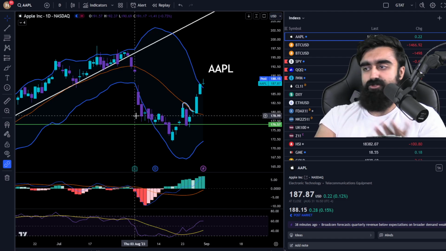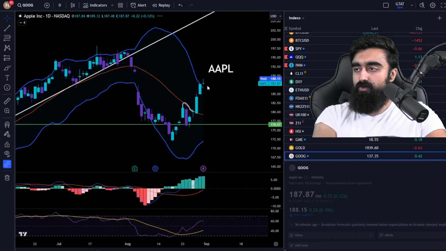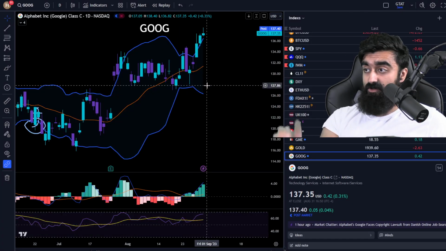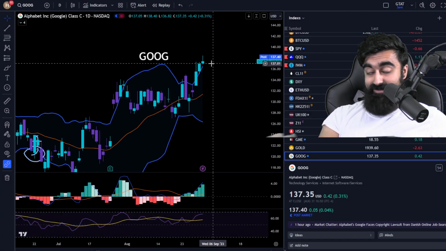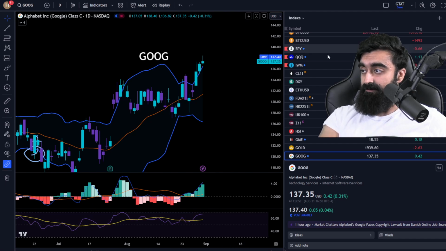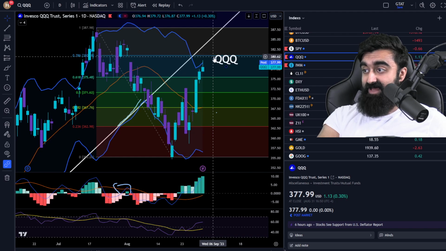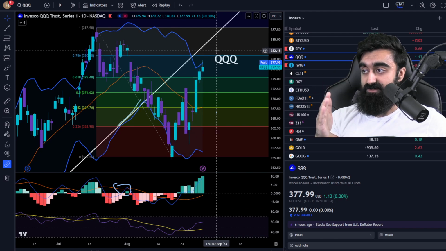It doesn't make sense to go short. Similar concept, it doesn't make sense to go long on Apple. Google, it doesn't make sense to go long on Google. Period. Point blank, it does not make sense to go long on either of these stocks. So because that's the concept, it's difficult to go long on the NASDAQ. And that is my thought process there.